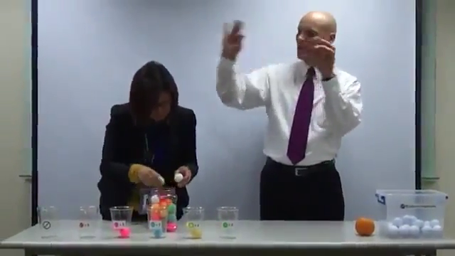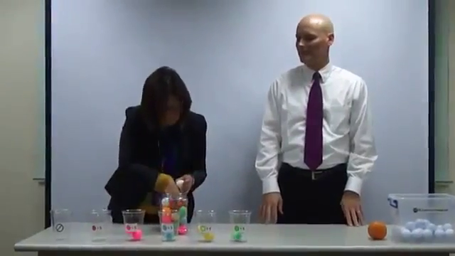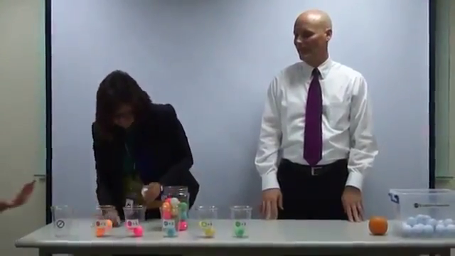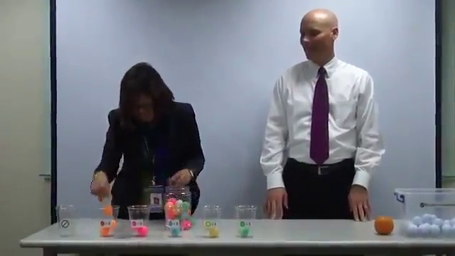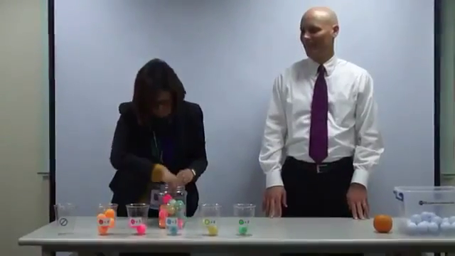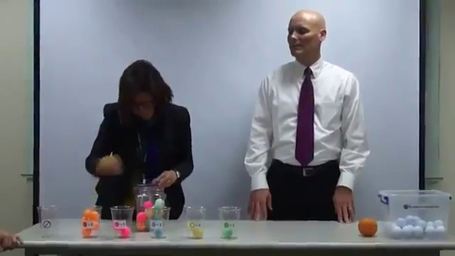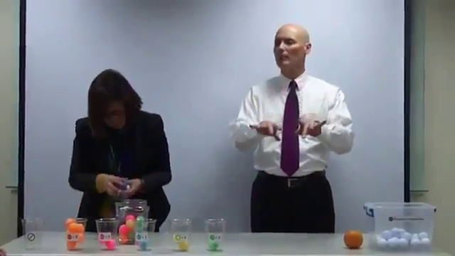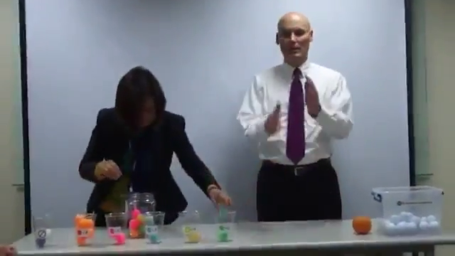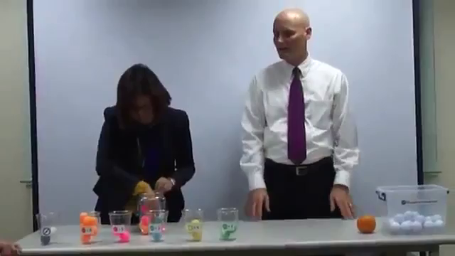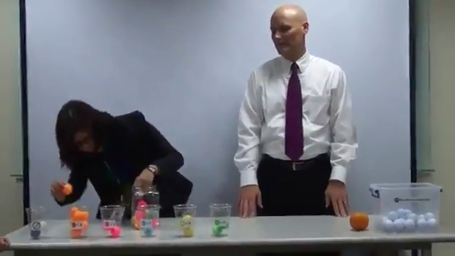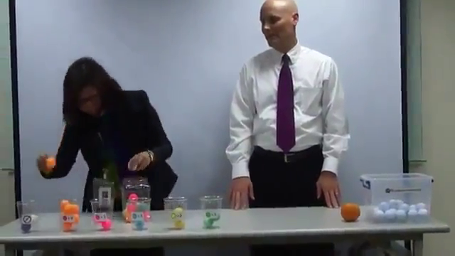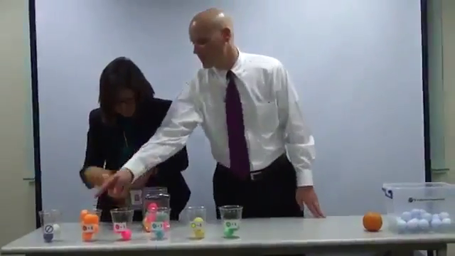Okay, we run that essential oil through a column. A GCMS, it's a column. And it separates all the different components of the essential oil into their different categories.